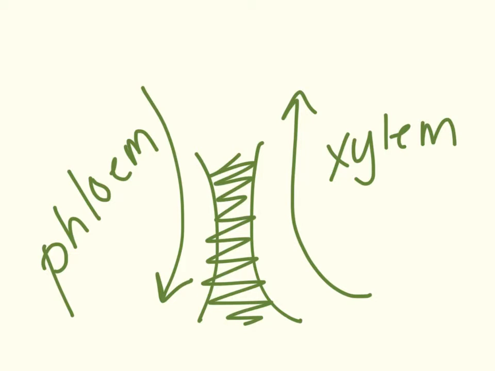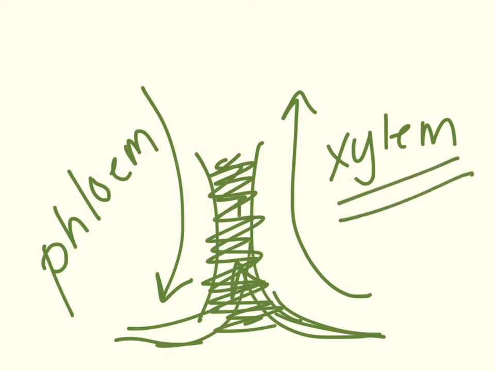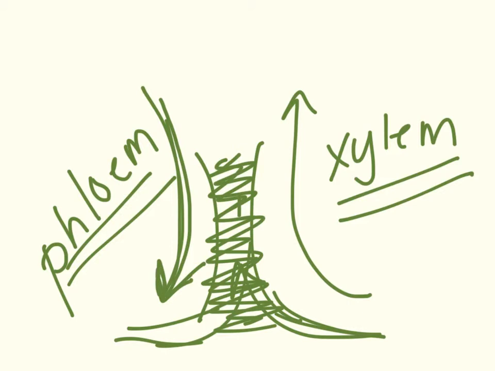Remember that when we talked about roots, they not only absorb the water and the nutrients, they have to transport them into the stem. How do they get it in there? The roots end right here. They don't go all the way up into the stem. Well, they go up through the xylem, and if there's any extra water or waste that has to leave the plant, it goes down through the phloem. So up the xylem, down the phloem.